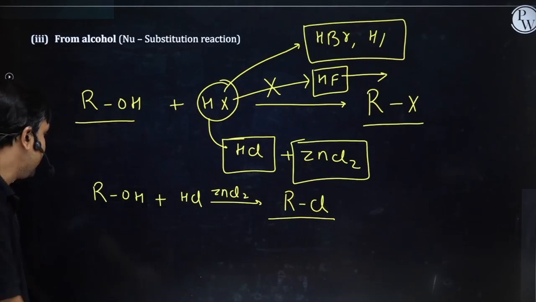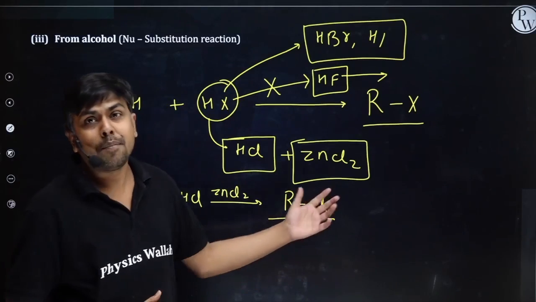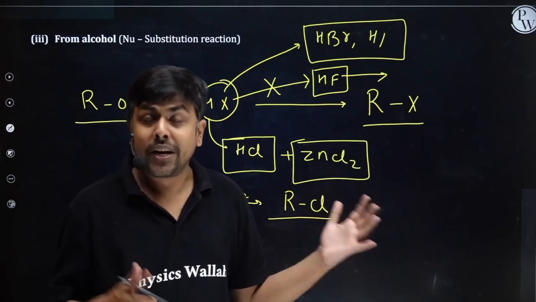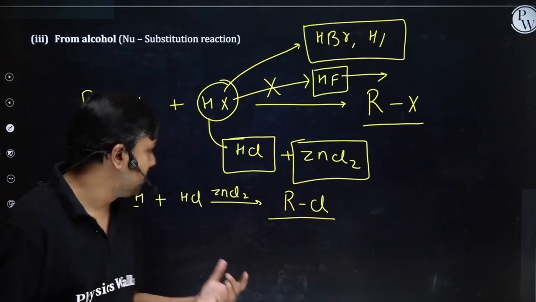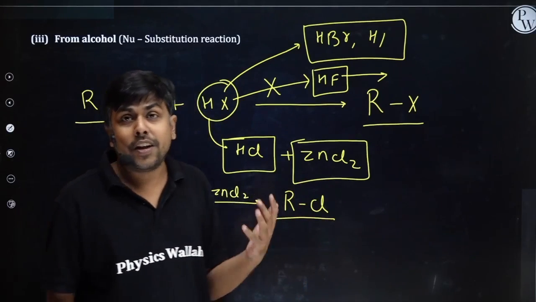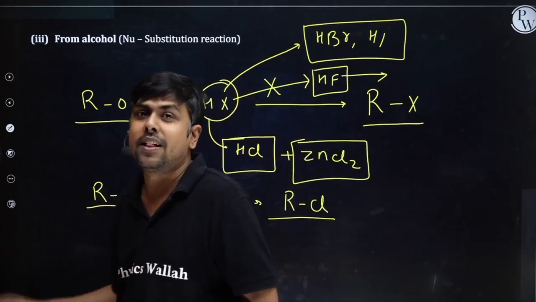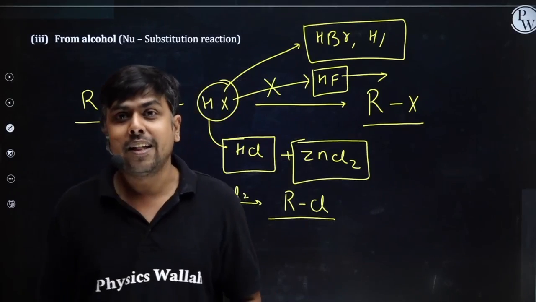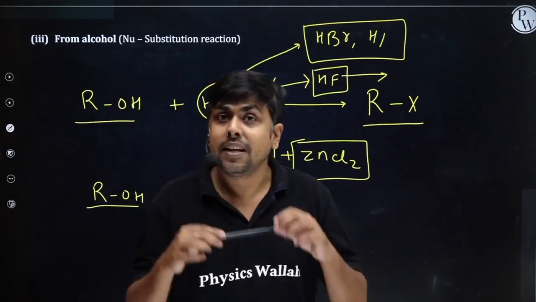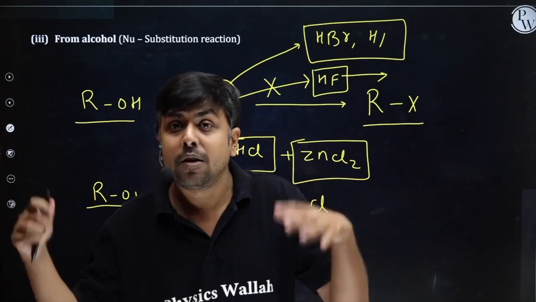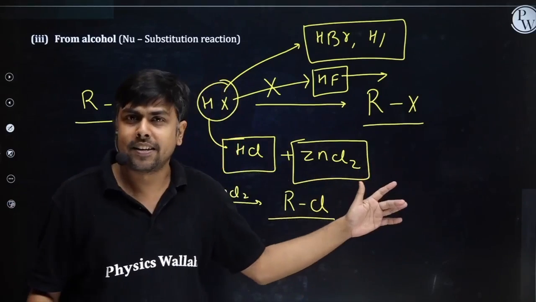And depending on the nature of the substrate, the timing for this reaction is different. We get instant turbidity if the alcohol is 3 degree. We get turbidity after 5 to 10 minutes if it is a 2 degree alcohol, and if it's a 1 degree alcohol or methyl alcohol, in this case we get turbidity after prolonged heating.